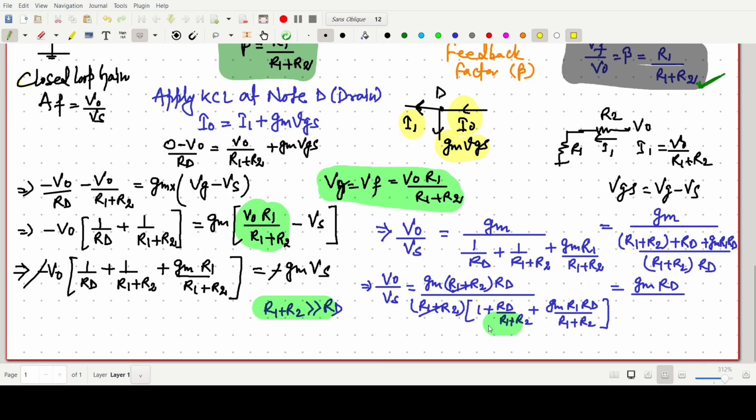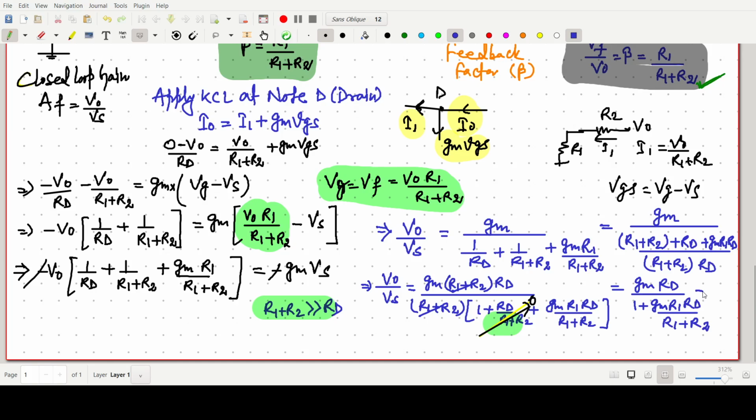Okay, I am writing directly, so this value will be nearly equal to 0. Okay, because R1 plus R2 is large, the simplified equation will be Gm Rd by 1 plus Gm R1 Rd by R1 plus R2.